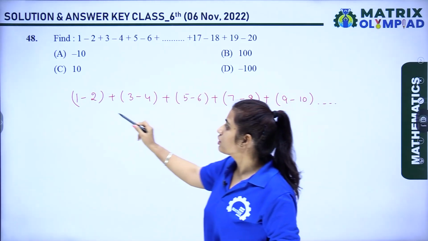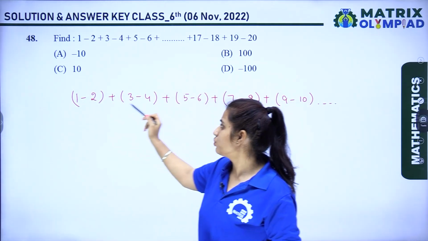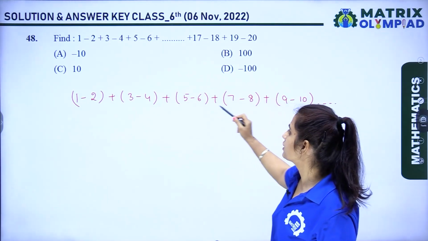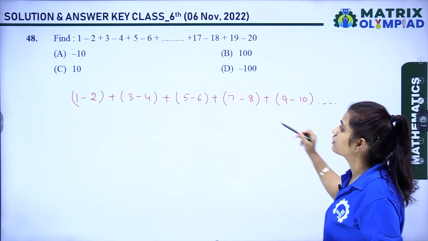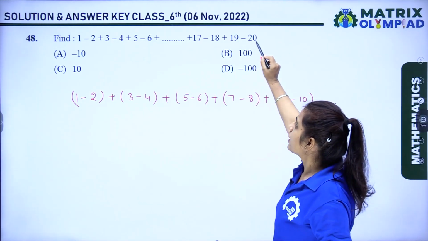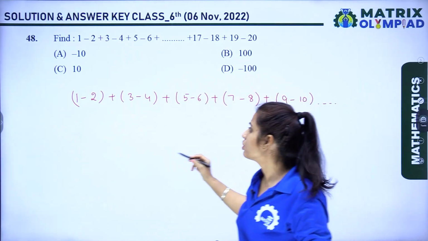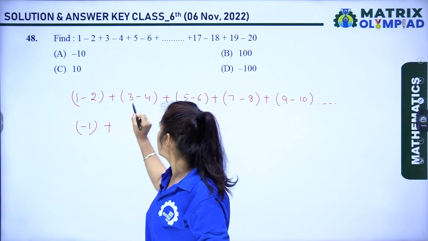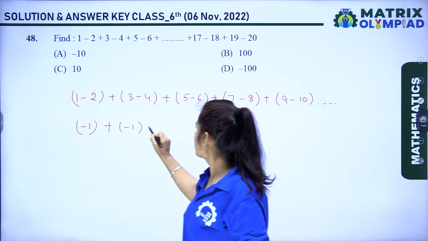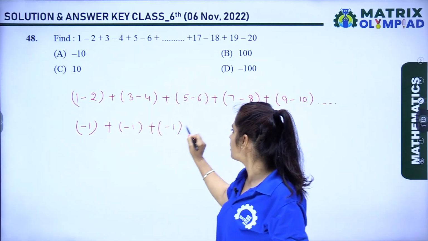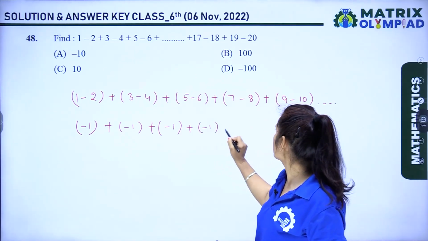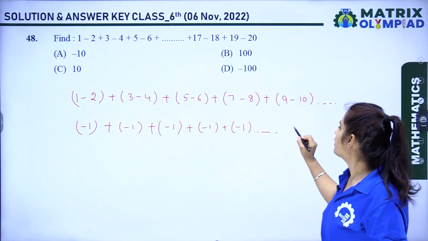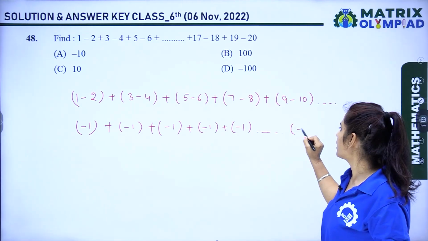We are going to make groups of 1 minus 2. 1 minus 2 is one group, 3 minus 4 is another group, 5 minus 6 is the third group, 7 minus 8 is the fourth group. Till 19 minus 20, we get 10 groups. The answer of 1 minus 2 is minus 1, 3 minus 4 is minus 1, 5 minus 6 is minus 1, 7 minus 8 is minus 1, 9 minus 10 is minus 1 and so on till 19 minus 20 is minus 1.